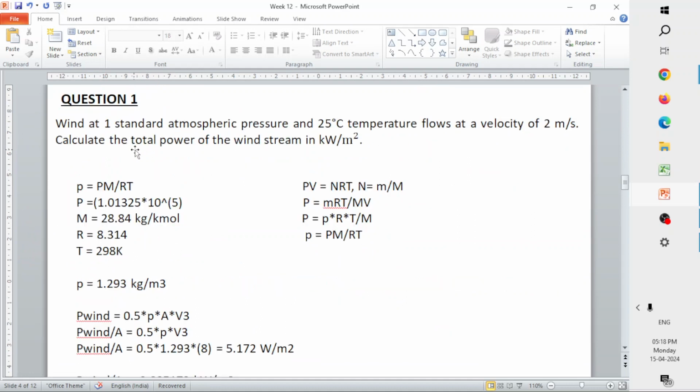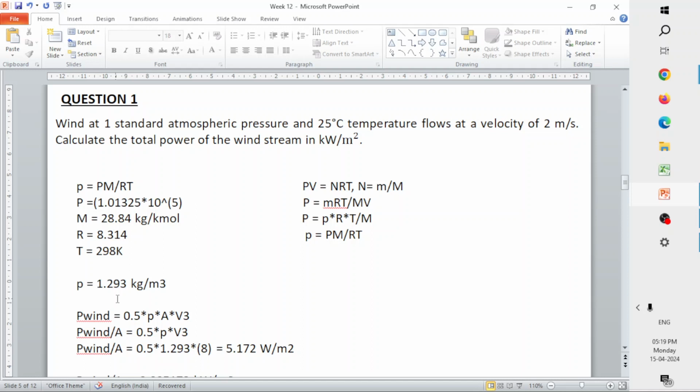So here the question is, the wind is at a condition of 1 standard atmospheric pressure, the wind is blowing in that particular location, and that location has an atmospheric pressure of 1 atm and 25 degrees Celsius and is flowing at a velocity of 2 meter per second. So they are asking us to calculate the total power of the wind in kilowatt per meter square. So yesterday what happened was that we took the value of rho as 1.293, as one of you among the attendees had used this value.